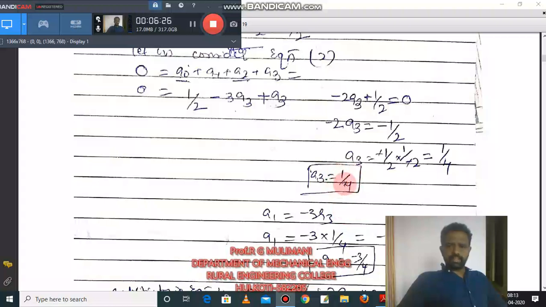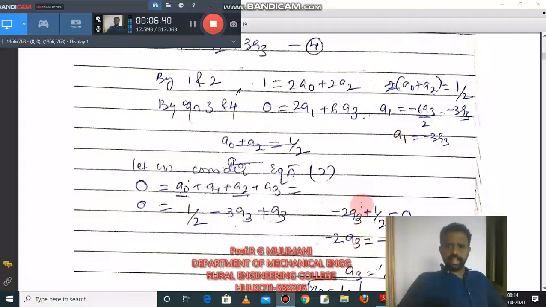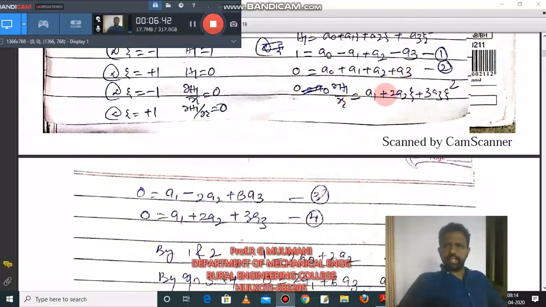Since a1 is equal to minus 3a3 and we know the a3 value, we will get a1. Now you use any equation that contains a1 and a3. Substituting the values of a1 and a3 in it, you will get a2.